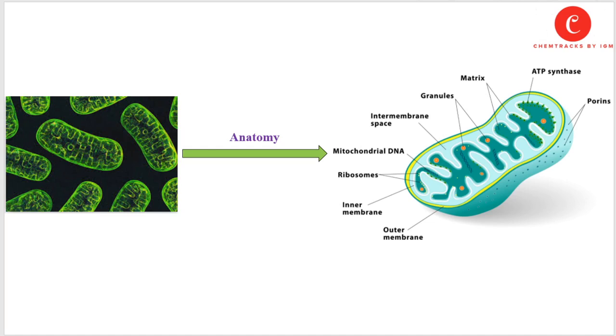So you can see clearly the DNA molecules are embedded in the matrix of mitochondria. Mitochondria also contain some granules, ATP synthase enzymes, because it is a site for production of ATP, and it also contains some porins for the transport of different molecules.